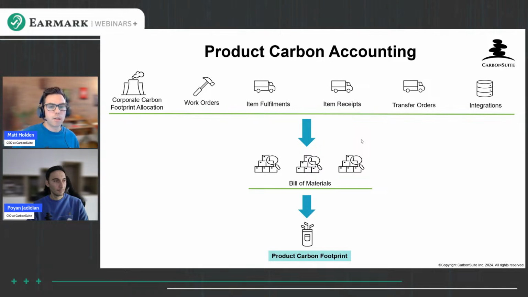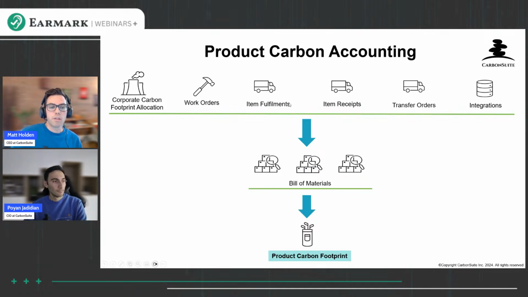Kind of drilling in a little bit deeper is something we call product carbon accounting. So we think of the corporate side, it's all about the emissions of the business, of the entity, but we also have the ability to capture emissions at the product level, right? So what happens here within the platform is you can capture the emissions associated with the individual products that you manufacture or that you buy and sell.